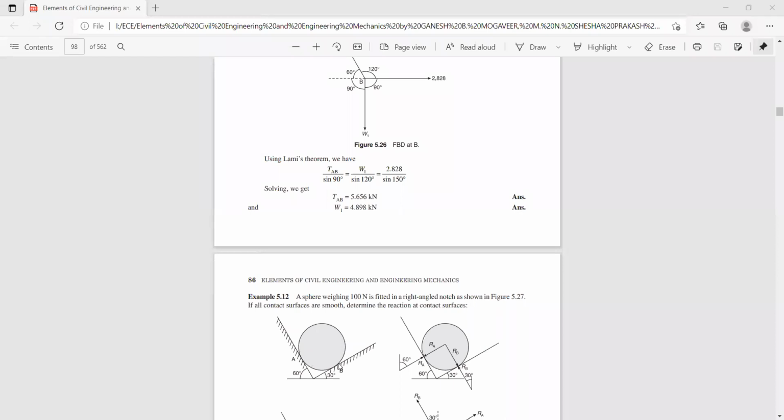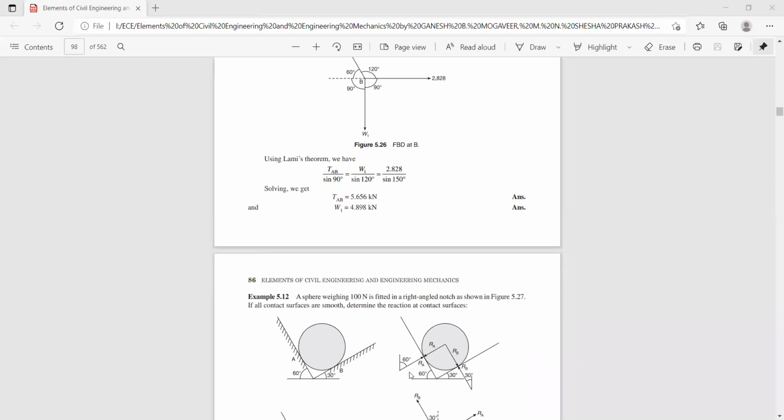And from the basics we know that the reaction force will always be perpendicular to the plane of contact. Now we will have a reaction from the sides of the container to the sphere. So in this direction you will have a reaction force, that is, the upward force due to the weight of the sphere. Because of which we will have a reaction force which acts in the opposite direction, perpendicular to the plane of contact. Now let us call these two reaction forces RA and RB.